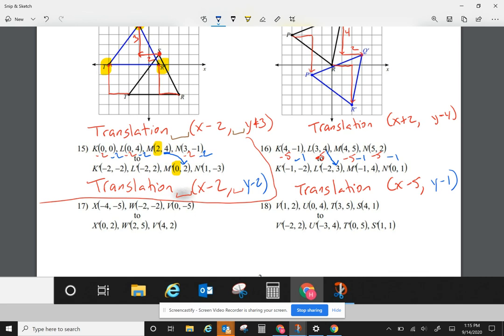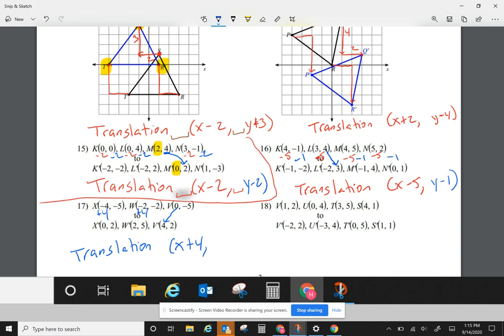Let's take a look at number 17. I'm going to follow a point on x. From 0 to become 4. So that's add 4. I double check that it works for every x, and it does. So far I have translation x plus 4.